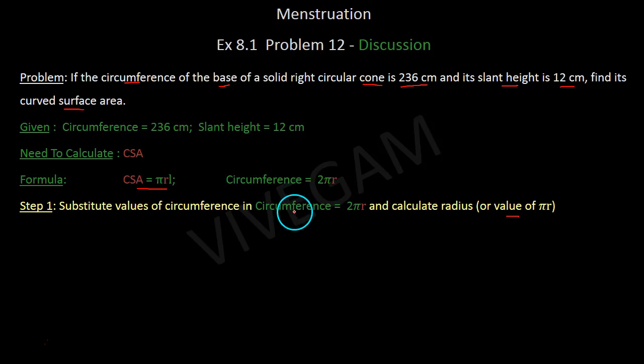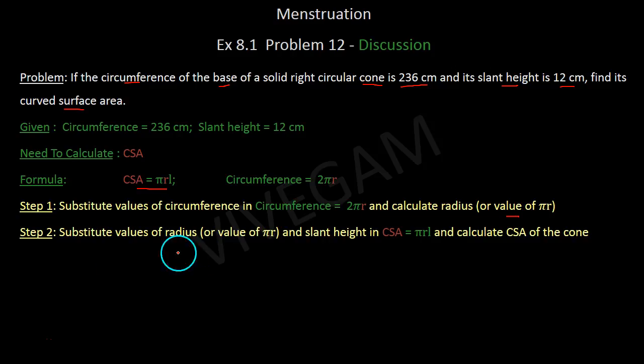All you are doing is substituting the value of circumference in this formula and calculating the radius of the cone. Then substitute the value of radius and the slant height, which is given in the problem as 12 cm, in the formula CSA equal to pi r L and calculate the curved surface area of the cone. So this is very simple, straightforward. These two steps are a slightly different method.